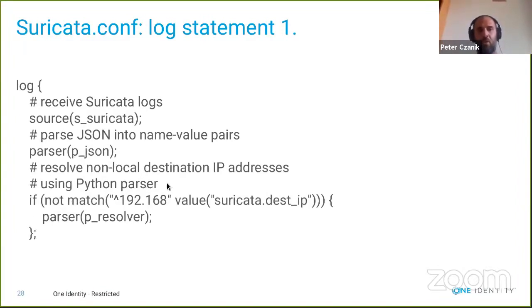Next, we use the Python parser, but only for those IP addresses which are not local. This is a simple filter on an IP field. So if it doesn't match 192.168, then we consider it as external, and we use the Python resolver.